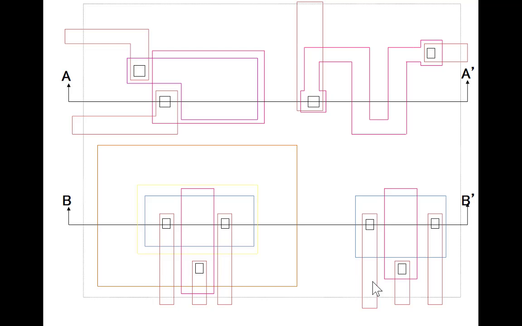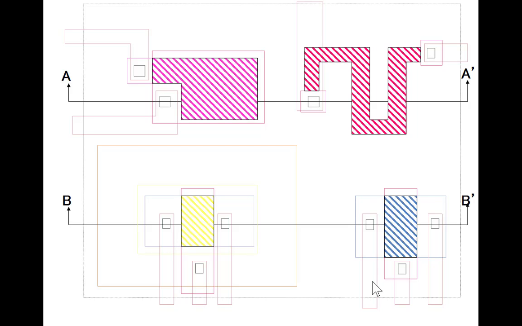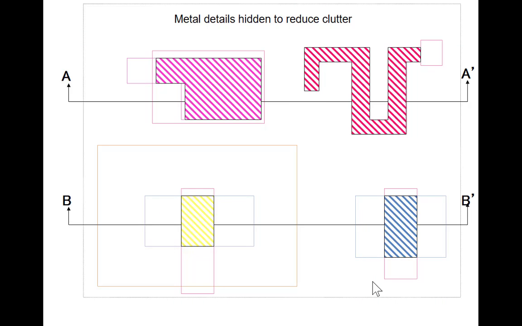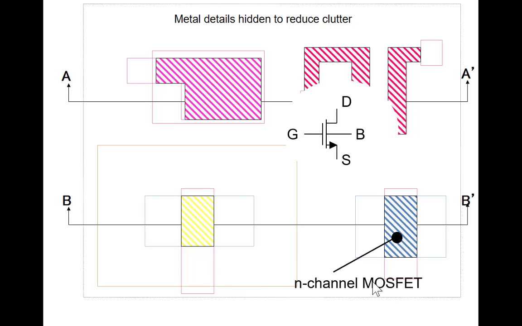So I've removed the guard rings and the contacts now, and so I've simplified the drawing a little bit. What we see in the lower right is the N-channel MOSFET. The source and the drain are right here.